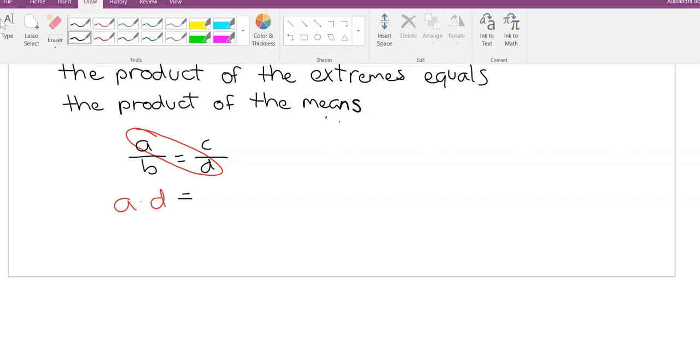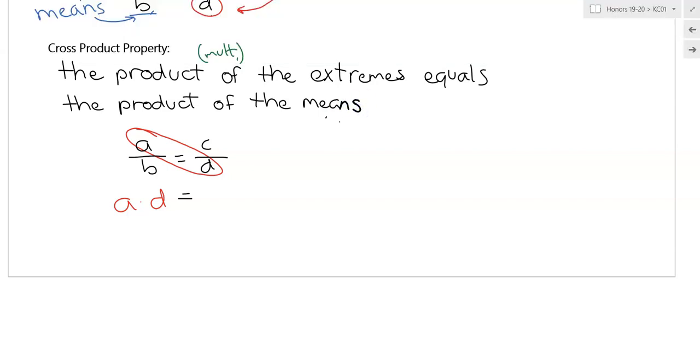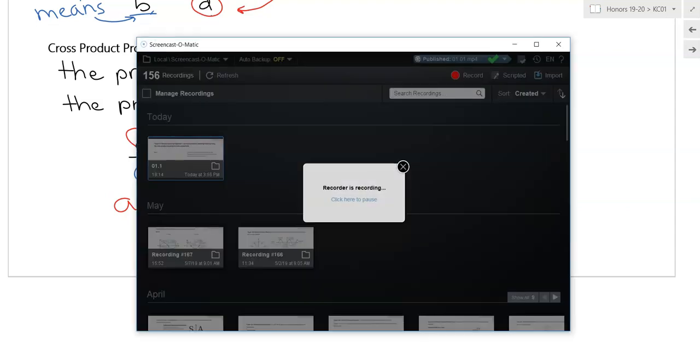Means. So I'm multiplying across this diagonal, B times C. And that's all that cross product property tells us. Sometimes we call it the lovely butterfly method because of the beautiful butterfly that it makes. All right, let's look at our next. Go ahead, turn the page.